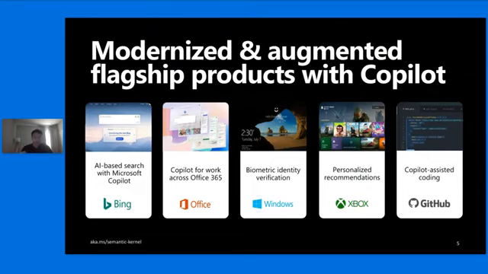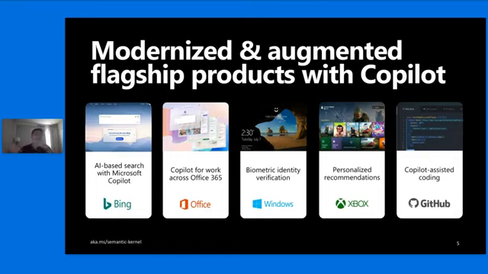So if you see here, Microsoft is putting AI everywhere, in the search, in the Office. You remember this big announcement about Copilot everywhere that can help you to create a Word document, a PowerPoint.